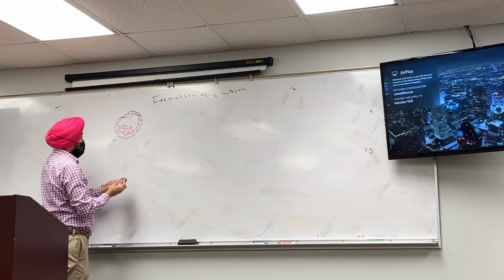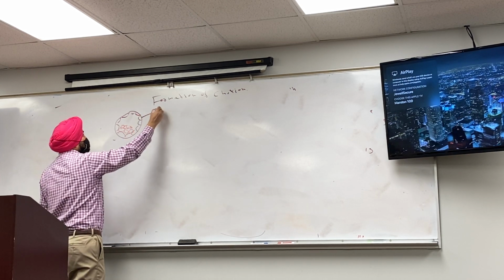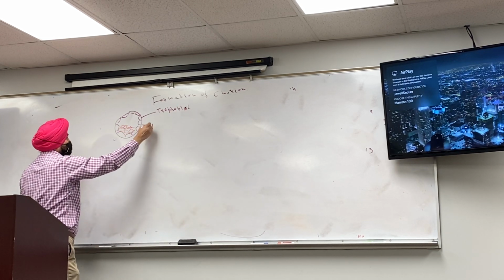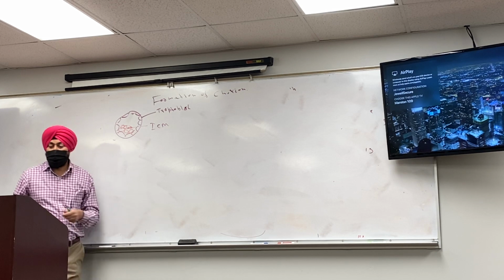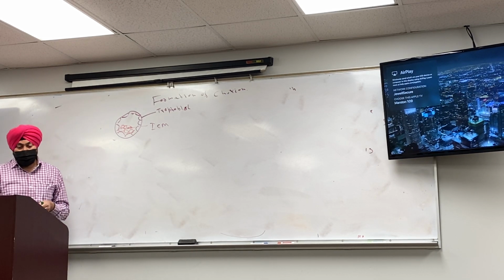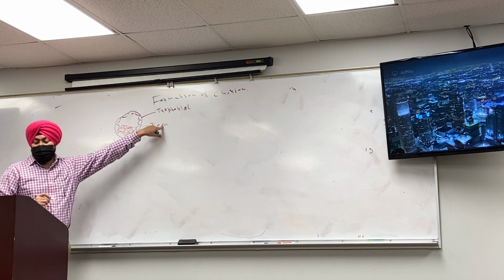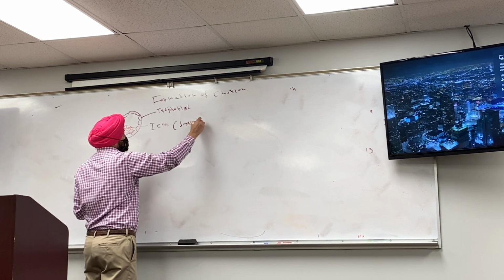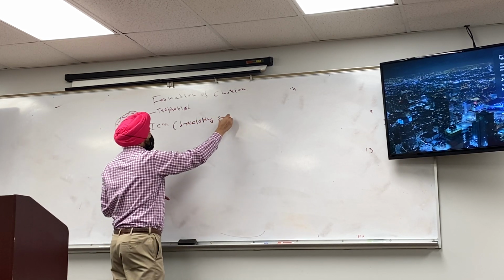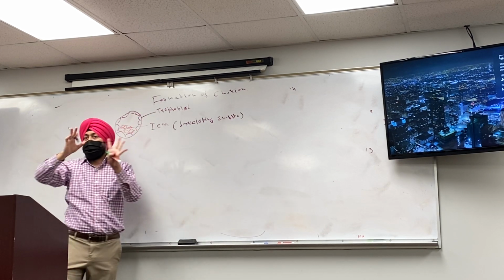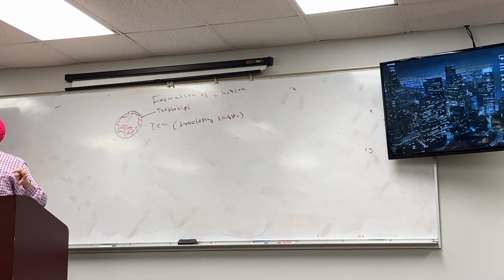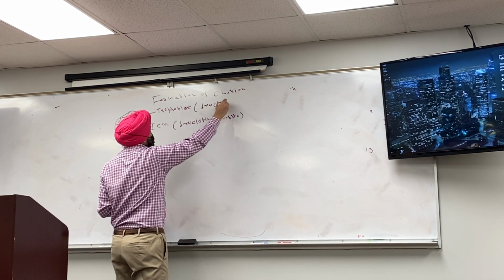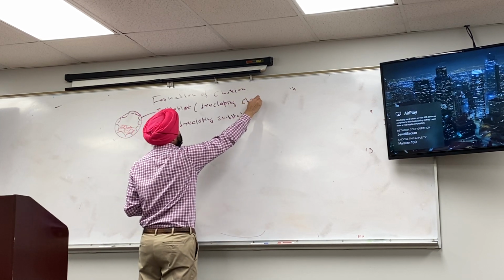These are your trophoblast, and these are your ICM. The ICM cells are developing the embryo. Things are happening side by side, right? And these trophoblast cells are developing chorion.